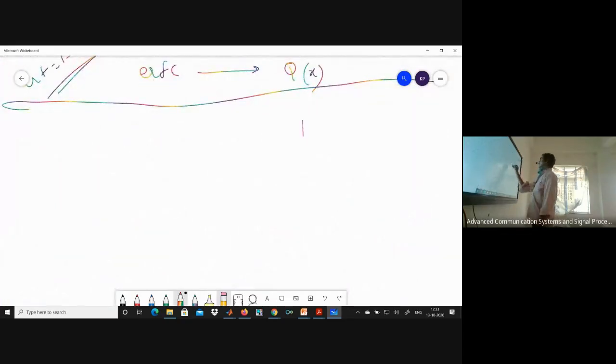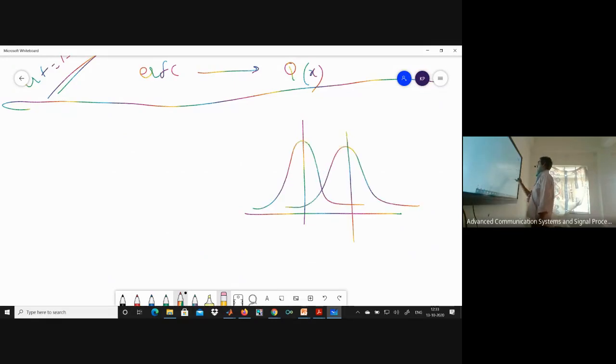Now we are going to have something like this. This is for a single sample case. This is probability of y given h0, and this is probability of y given h1, and somehow the gamma is fixed. That means the probability of false alarm is fixed. So let this be the probability of false alarm.